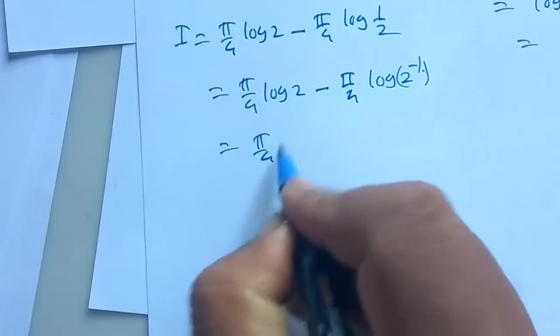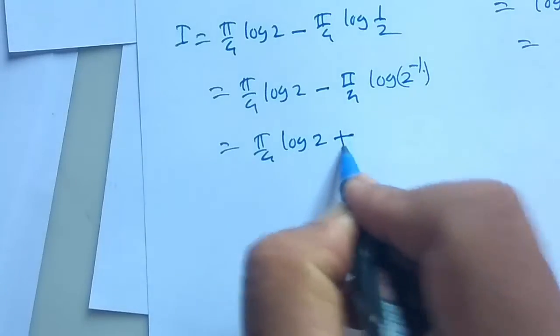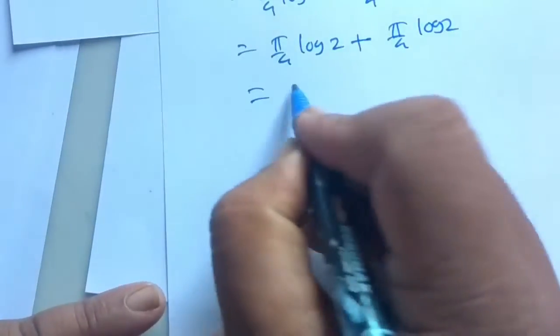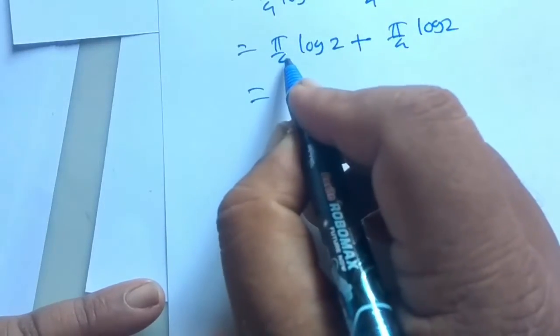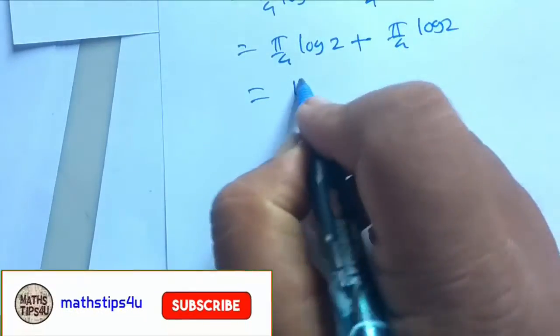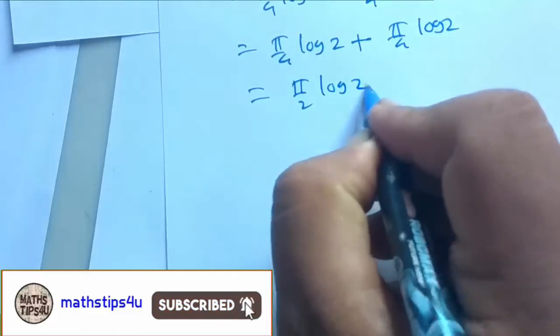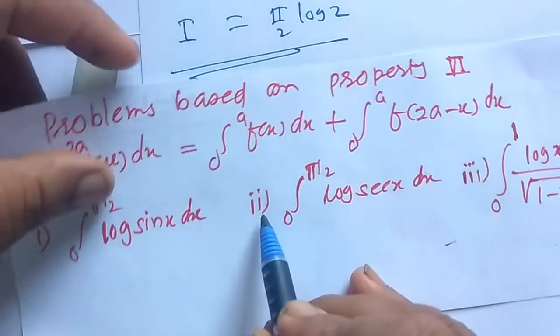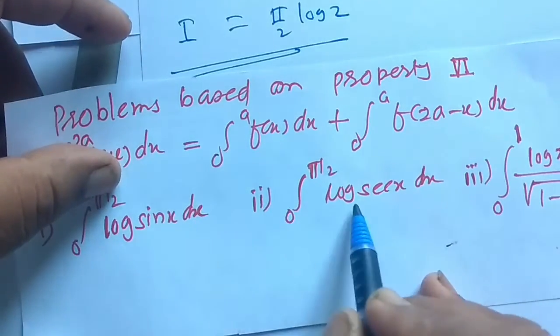So pi by 4 log of 2 plus pi by 4 log of 2, and so pi by 4 plus pi by 4 is pi by 2 log of 2. So this is the I. So this is the answer of the example number 2, 0 to pi by 2 log of sec x dx.